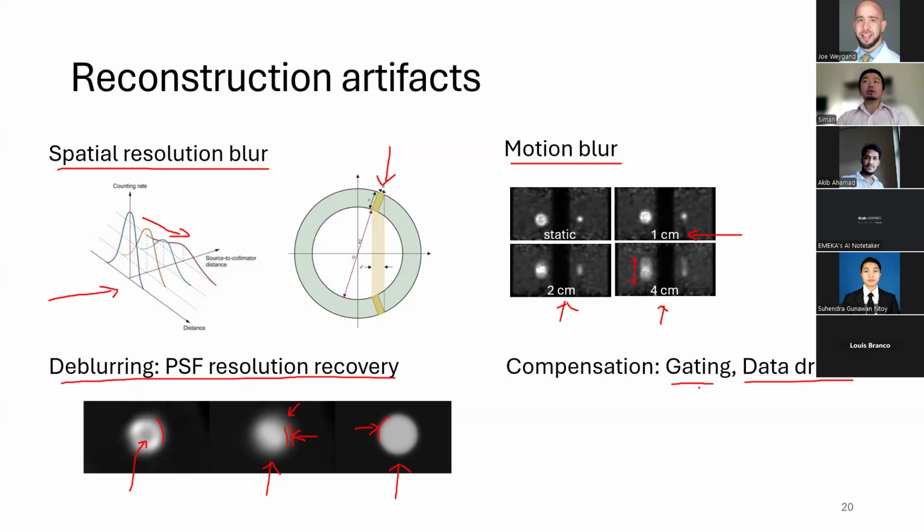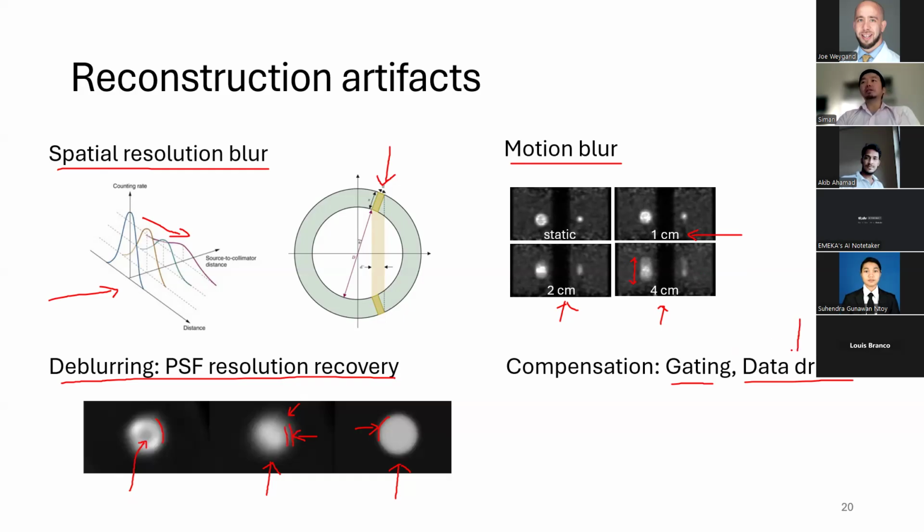With gating, you increase the noise because you're basically cutting off the data. You either end up with lower acquisition durations or higher total. Normally, the clinics will try to fix the study time. So what ends up happening is that you're trading the resolution with the noise.